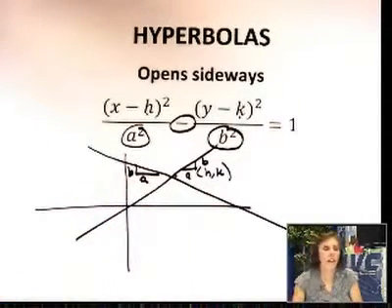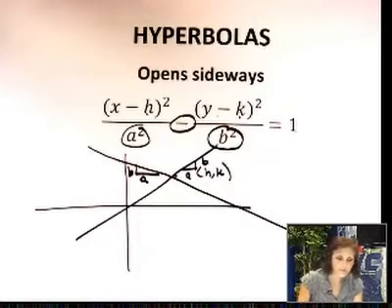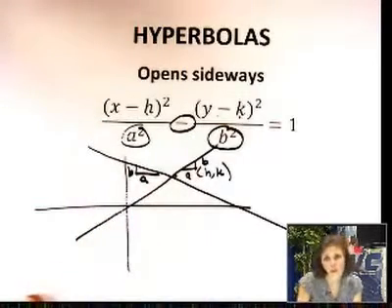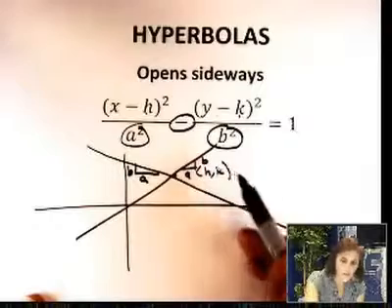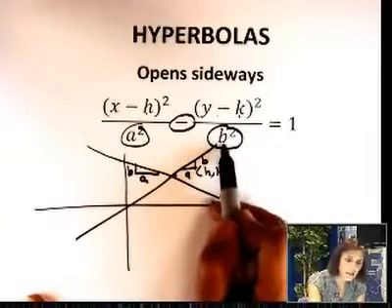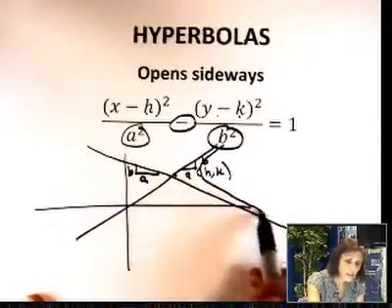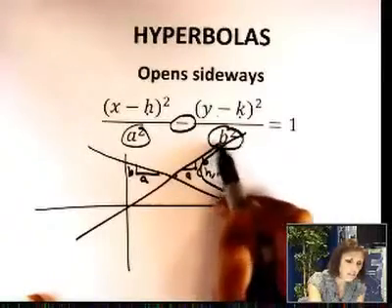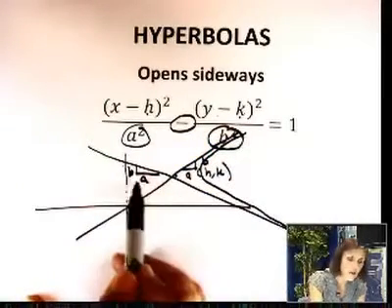Now, when the x is first, that's going to be opening sideways, and it's going to asymptote to these asymptotes.